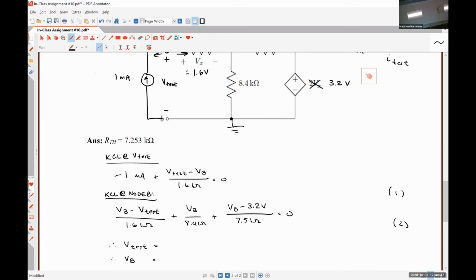All right, for our second equation, V test has a coefficient of negative 1 over 1600. VB has a coefficient of positive 1 over 1600 plus 1 over 8400 plus 1 over 7500. And our constant term, when we move it to the right-hand side of the equal sign, is going to be 3.2 volts divided by 7500.